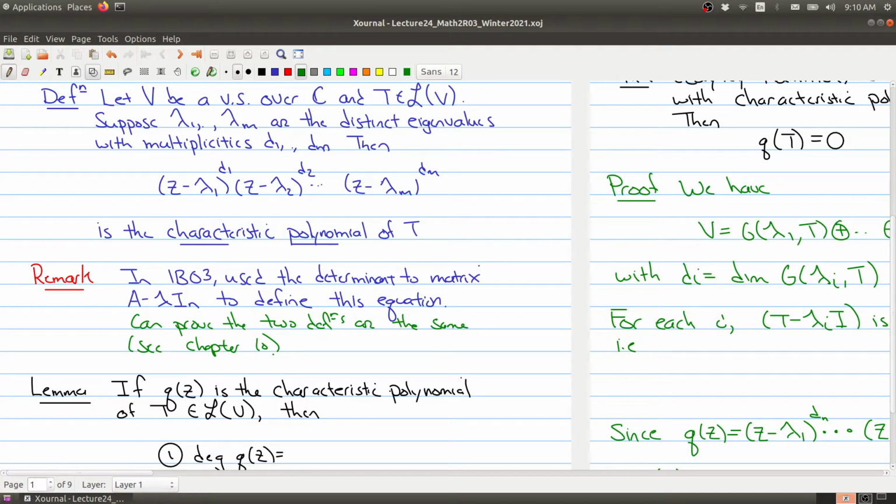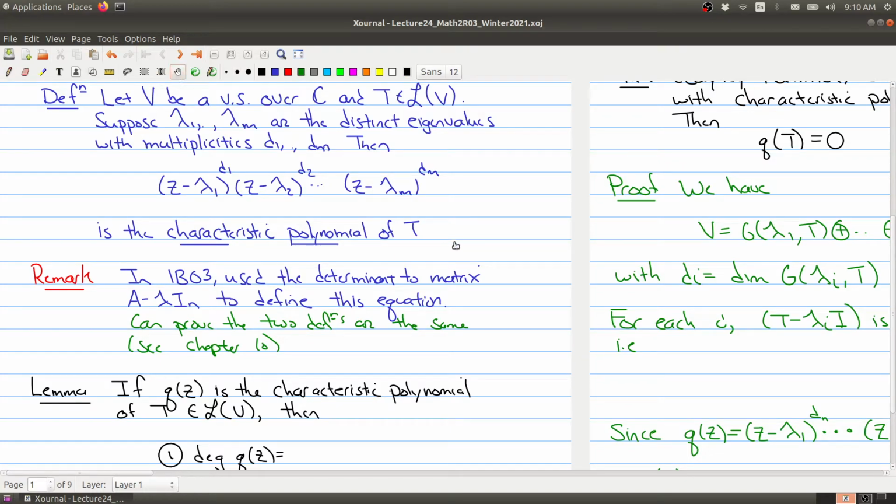In Math 1B03, we define determinants quite easily, and then use that to define the characteristic polynomial. Here, we define eigenvalues and multiplicities first, and then we use that information to describe the characteristic polynomial.